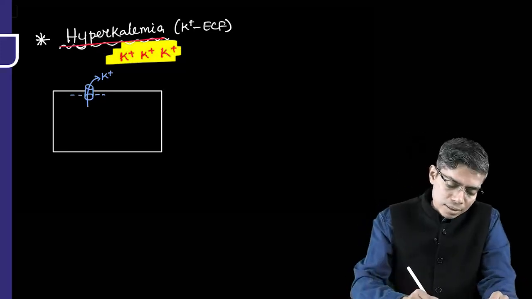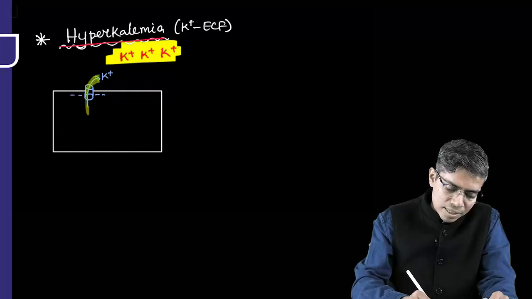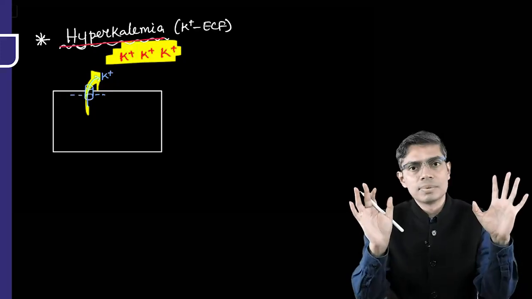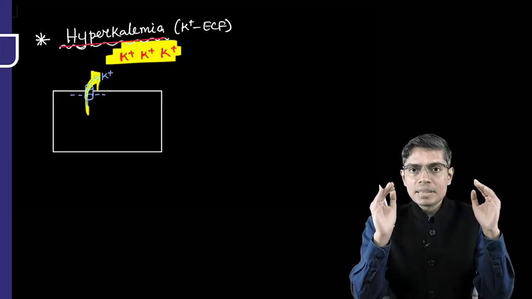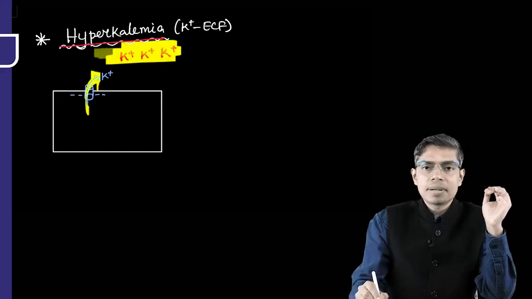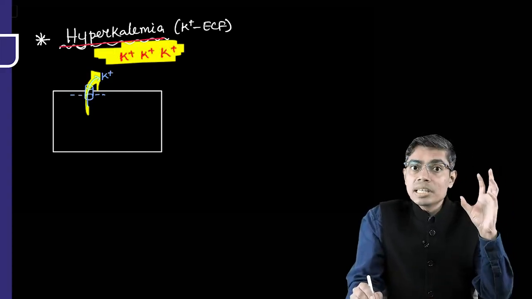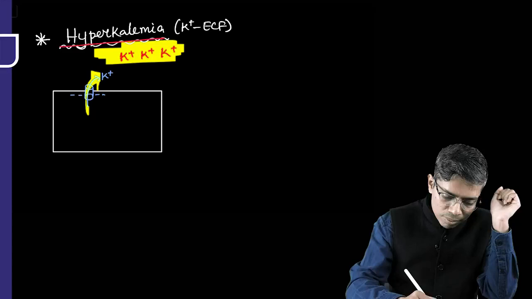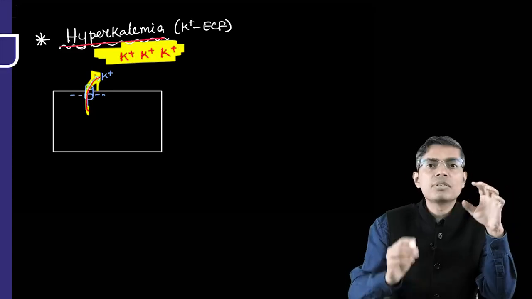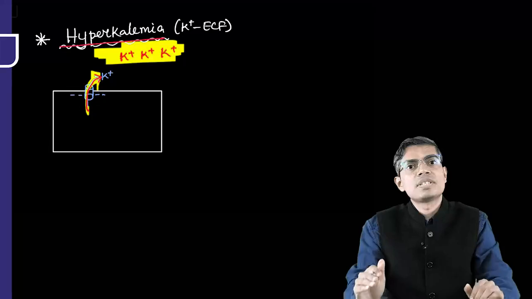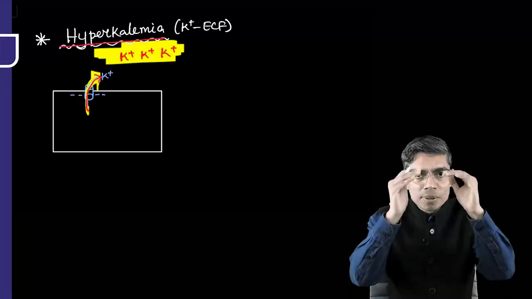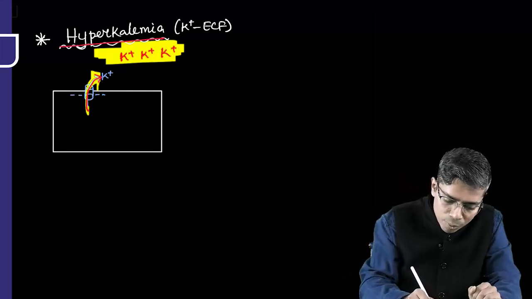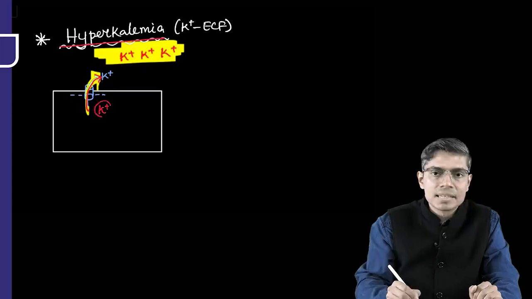So what do you think? This diffusion of potassium from inside to outside, will it be more or less? That is the only thing you have to understand. Whenever hyperkalemia develops, a new equilibrium will form. In that new equilibrium, the movement of potassium from inside to outside will be lesser, because the outside potassium concentration is very high. So that will prevent the movement of potassium. So more potassium will stay back inside the cell.